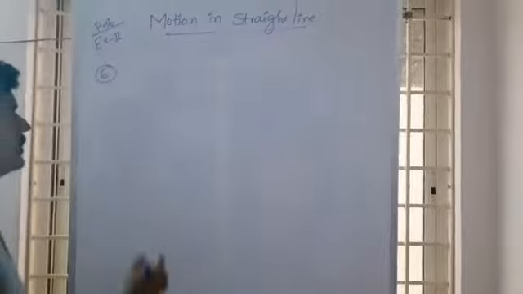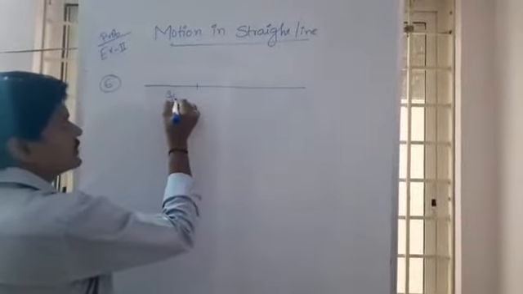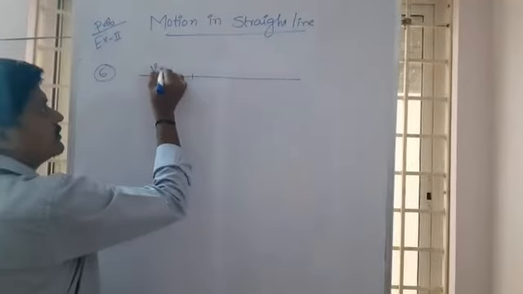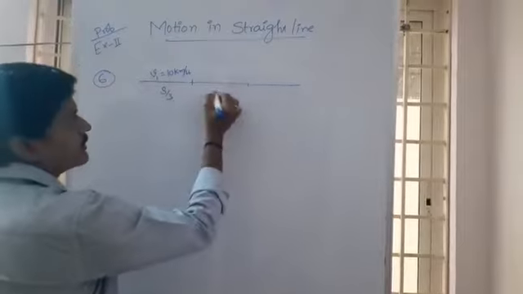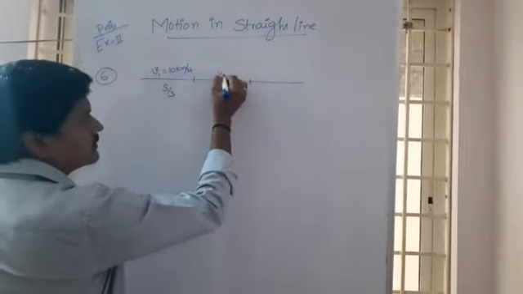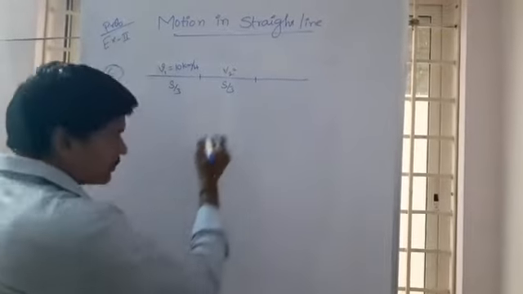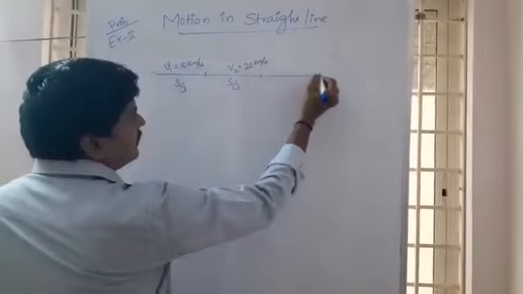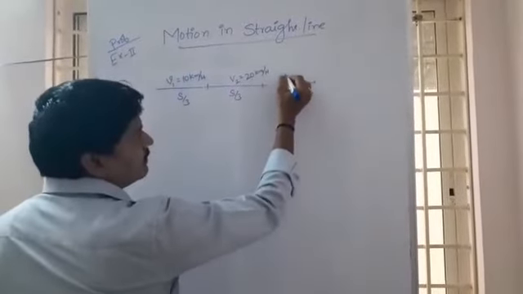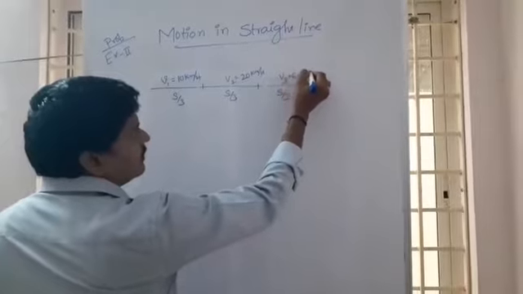Right. So a car covers 1/3 of the distance with the speed 10 km per hour, the next 1/3 of the distance with the speed 20 km per hour, and the next 1/3 of the distance with the speed 60 km per hour.